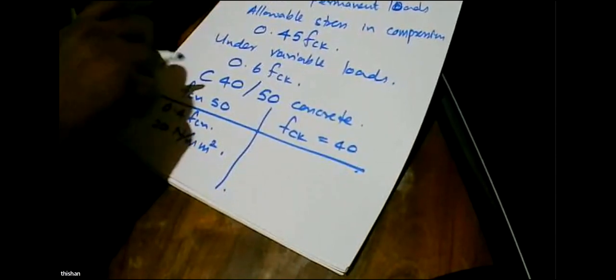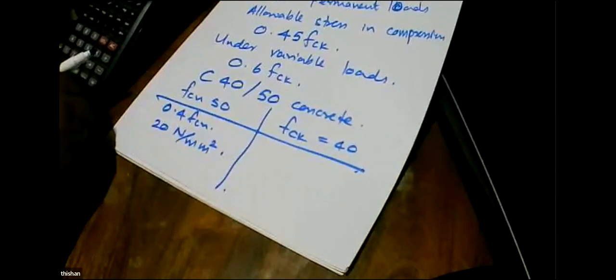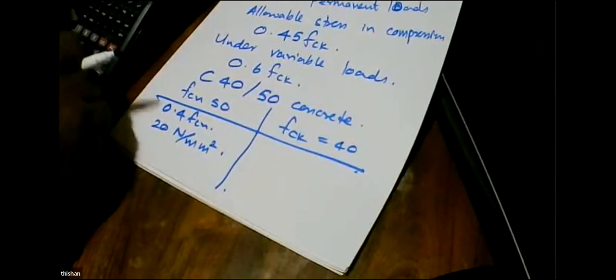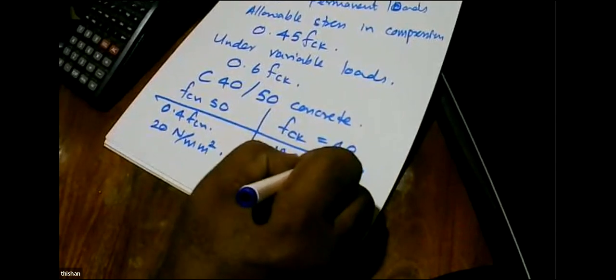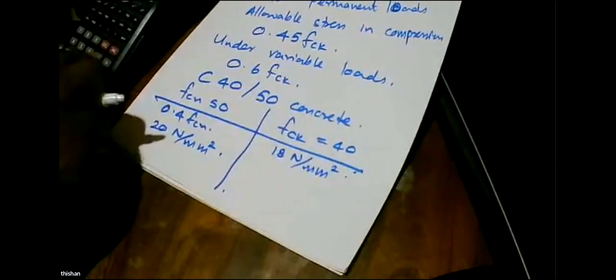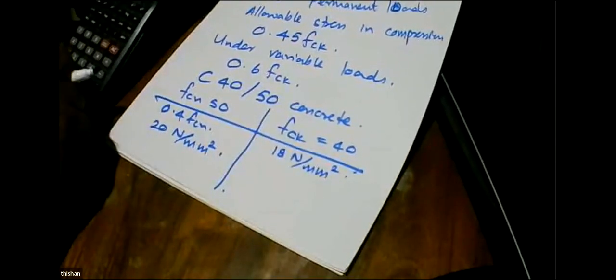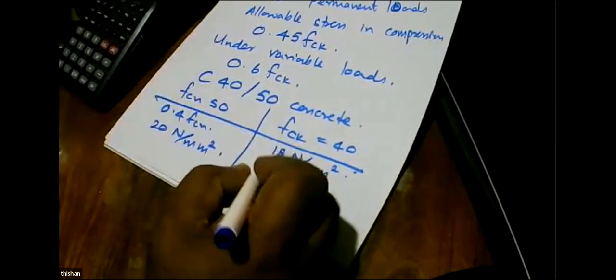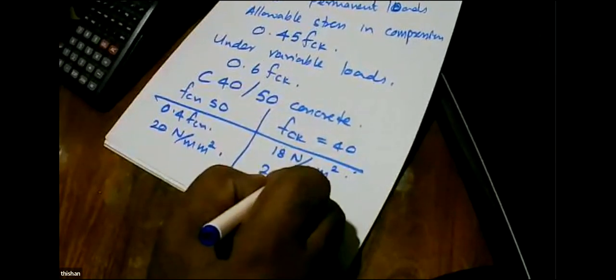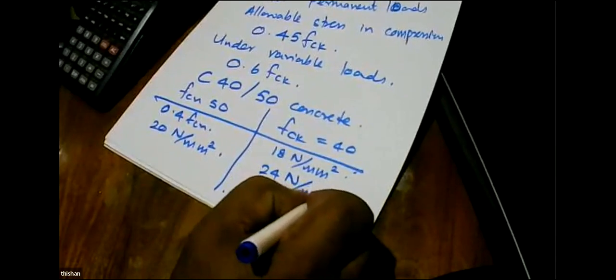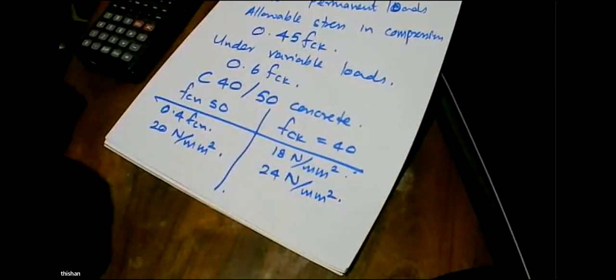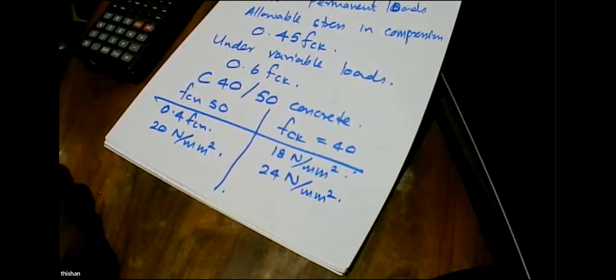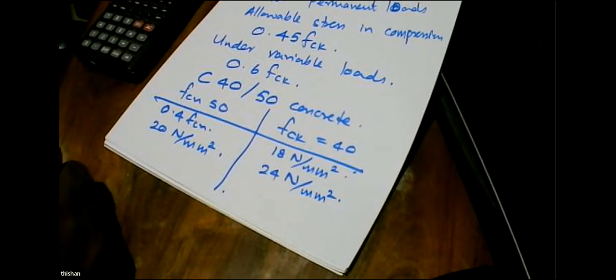So under permanent loads, 40 into 0.45 gives 18 megapascal. But 40 into 0.6 gives 24 megapascal. So you can see the Eurocode allows a higher compressive strength when subjected to variable loads.